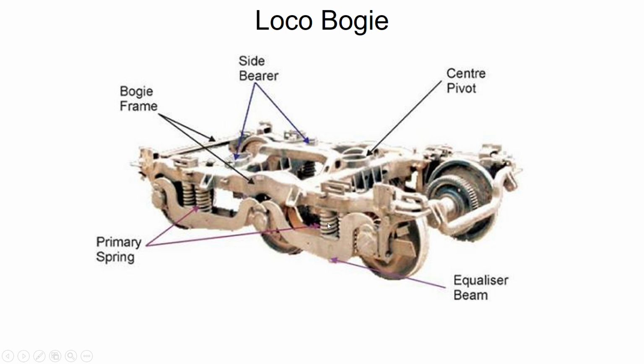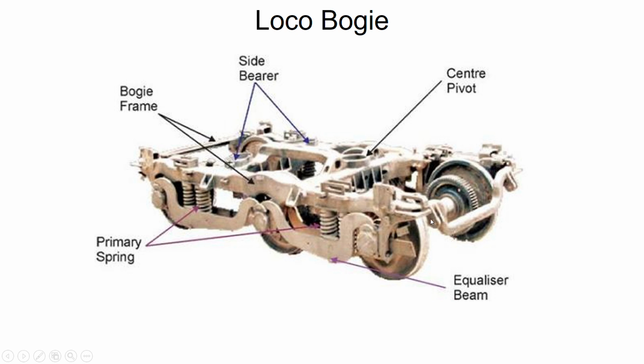This is the primary spring here. This is the wheel and this is the gear of the wheel set. These all are called the wheel sets.